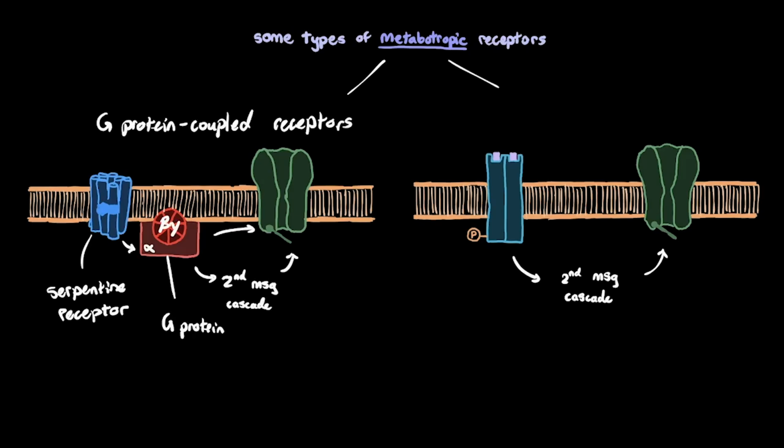It binds to this alpha subunit, activating it, and that alpha subunit can then go on to initiate other signaling cascades. It can commonly result in the phosphorylation of other proteins through something called the cAMP pathway. Often, just generically, metabotropic receptor signaling cascades result in the production of a second messenger.